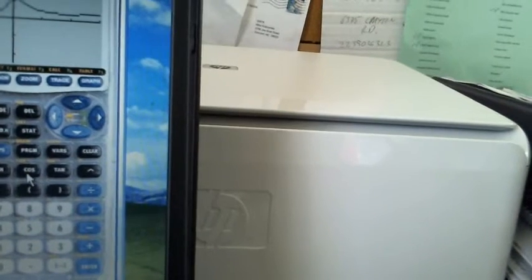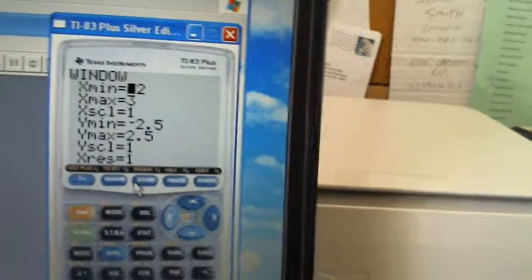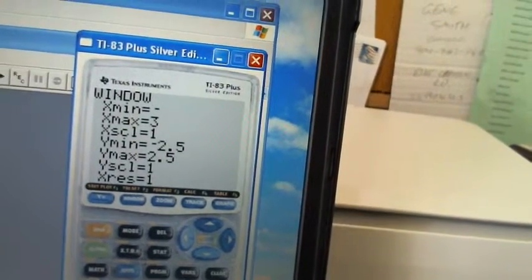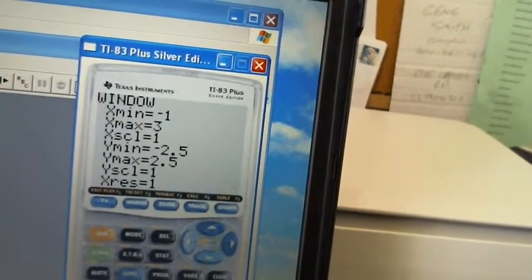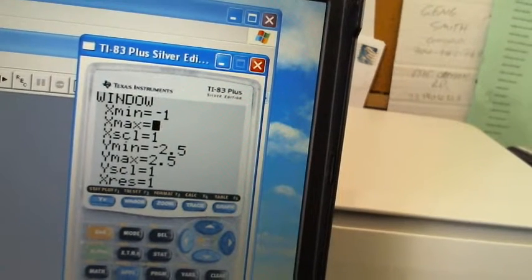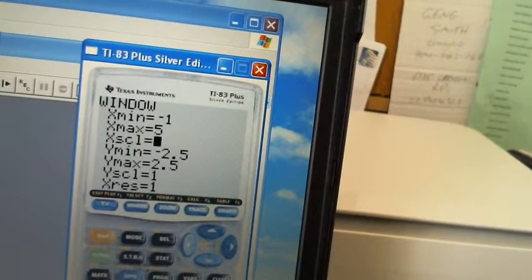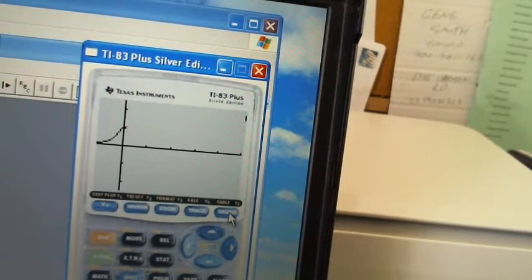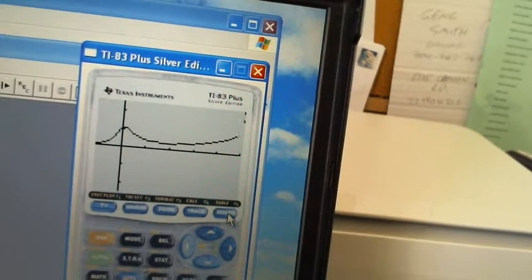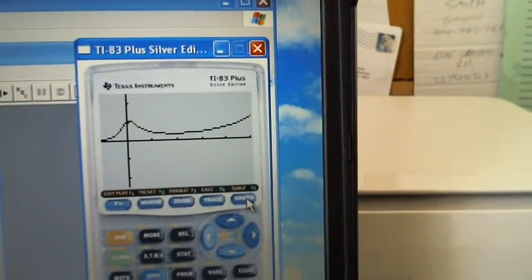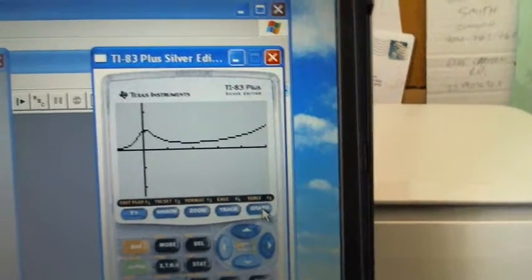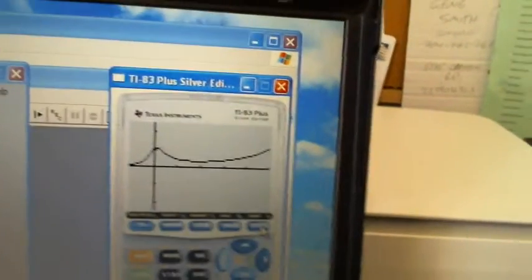All right. -1. Yeah, that's the critical part there, right? So each one of those is 1. And then we can trace.